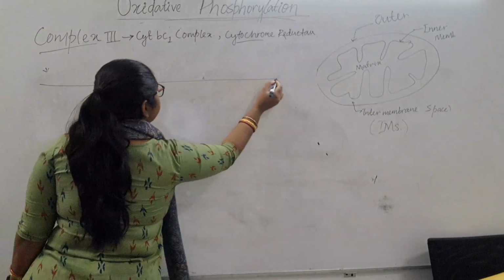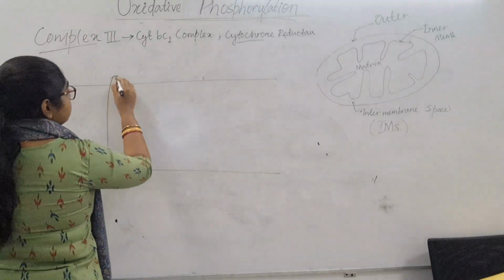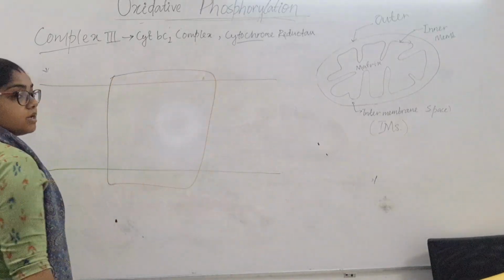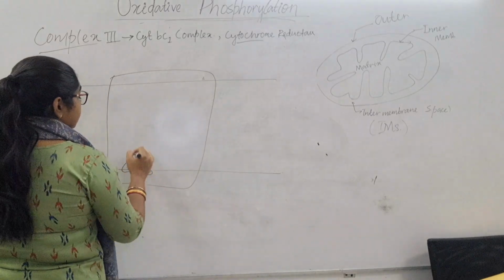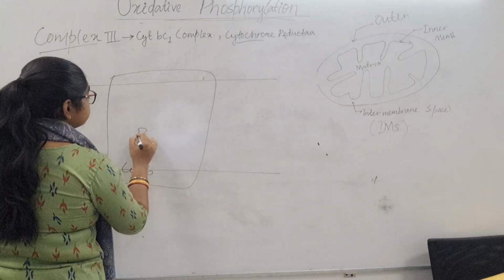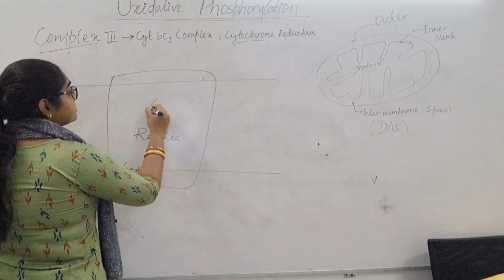So this is the inner membrane again, and this is complex 3. As I said, it has cytochrome b, then it has a Rieske center, and it has cytochrome c1.